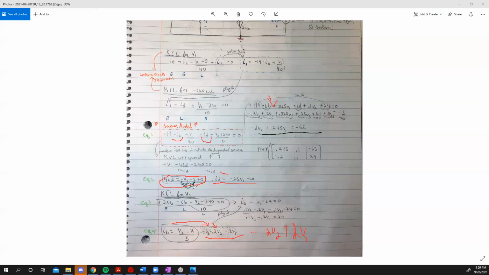Okay. But I think I did something faster. Hold on, I'm looking at my paper. Let me just erase this thing here and go back to that.